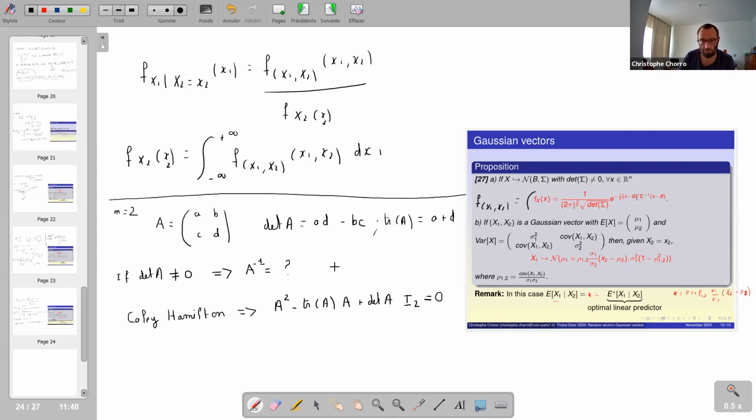Why do I remind you of this little result? Because if my determinant is not 0, meaning that I am bijective, I can handle these things and put A into factor to obtain this one.